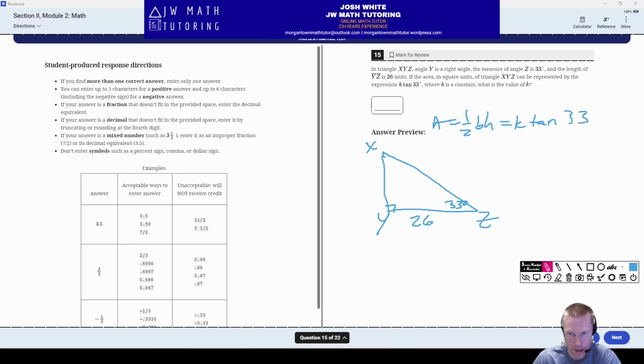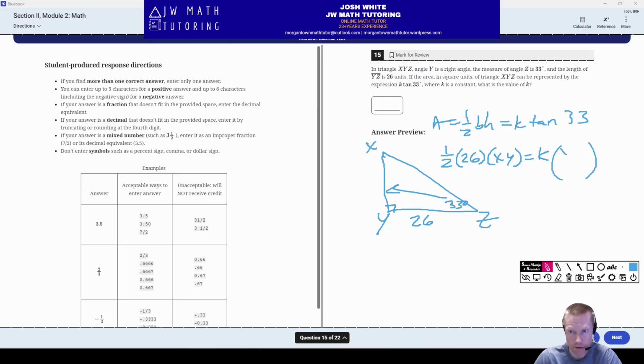So basically what we're going to do here is substitute in the base. I'm going to use my base as YZ, which is 26. For my height, I am going to use the side XY. Okay, now that's equal to K, and now for tan 33, I'm going to plug in what that's equal to.